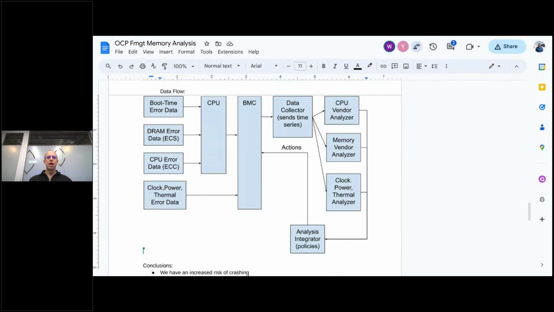That would be the logical sequence, but it may be that the CPU vendor has to decode which bits are flipped and send it to the memory vendor in a way they can understand it, and then the memory vendor talks about the scope of the failure in the part somehow back to the CPU vendor, and then the CPU vendor's analyzer goes, okay, based on the ECC capabilities in this platform. Right.